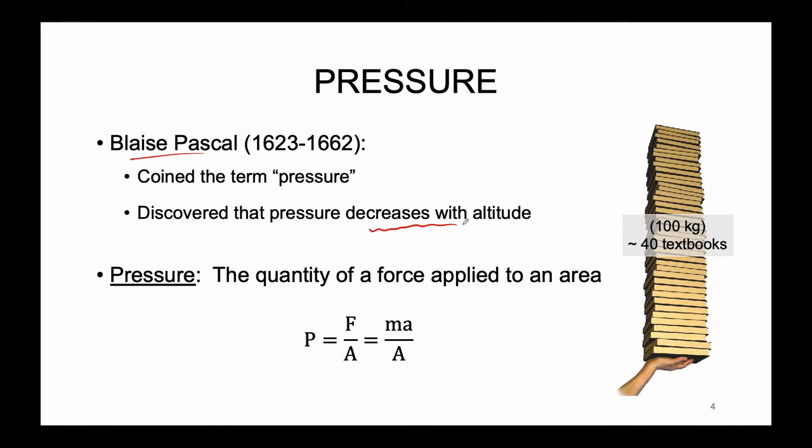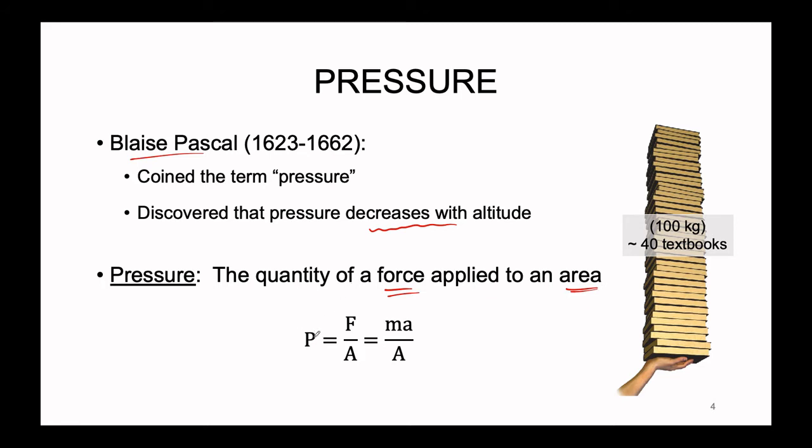Now, pressure is defined as the quantity of a force applied to an area. So Blaise Pascal took this discovery one step further, right? It's not just that the atmosphere had mass, as Evangelista Torricelli discovered, but also that this particular mass, due to the fact that the atmosphere is made of gases, is able to apply what is technically known as a pressure onto that surface of mercury in the bowl.